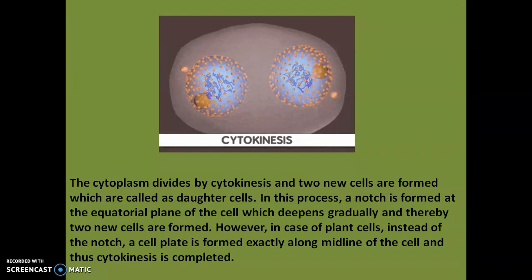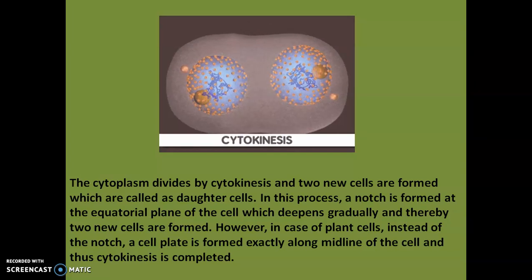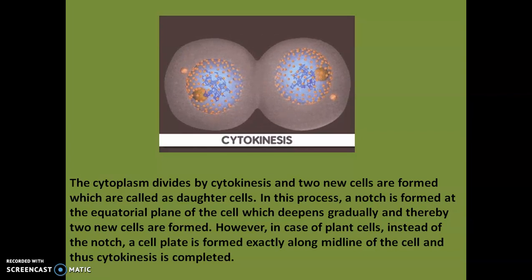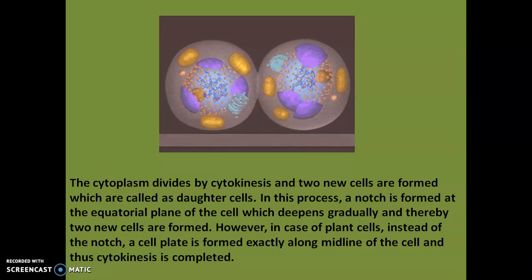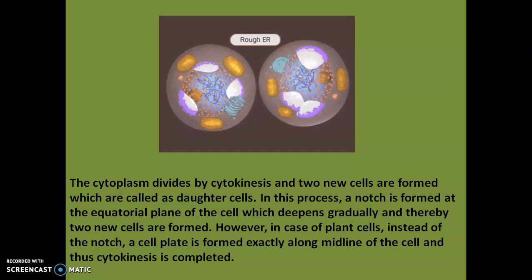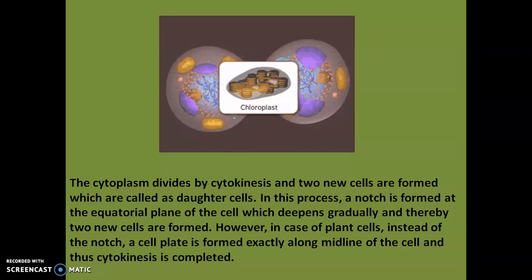Now coming to cytokinesis. Now you can see from the diagram, the cytoplasm divides by cytokinesis and two new cells are formed, which are called daughter cells. So we can see very clearly the formation of two new cells.